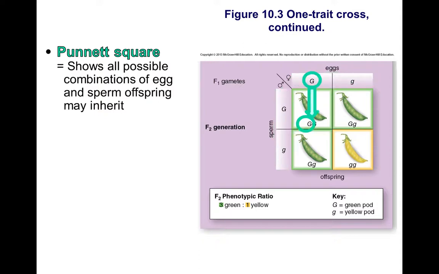The capital G from here goes here, and the capital G from here goes here. So this is the first situation. These parent gametes will give us an offspring with capital G and capital G. Well, both parents were passing an allele of a capital G, so it really is not a huge surprise.